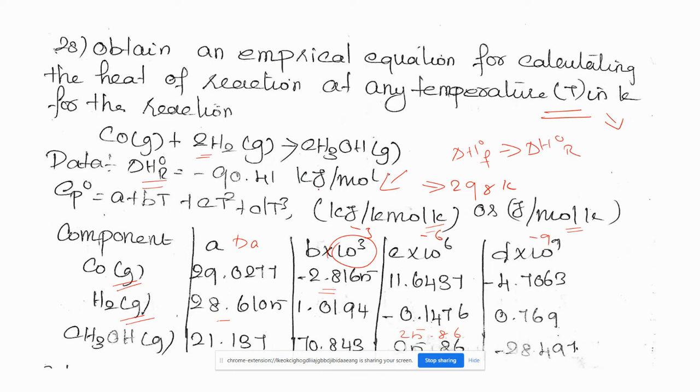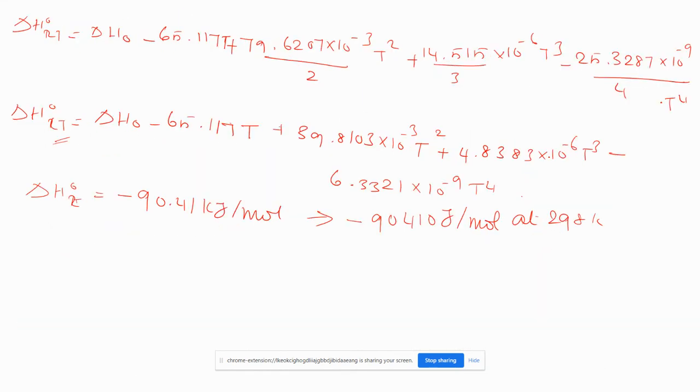Okay, so here del H0 R is in kilojoules per mole, and we are taking this data. Usually better convert it into joules per mole. Okay, so you will get it as minus 90410 joules per mole. That is del H0 RT at 298 Kelvin. That means standard condition is what? 298 Kelvin.